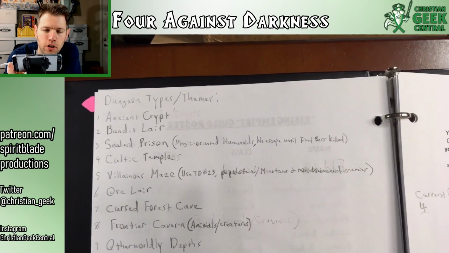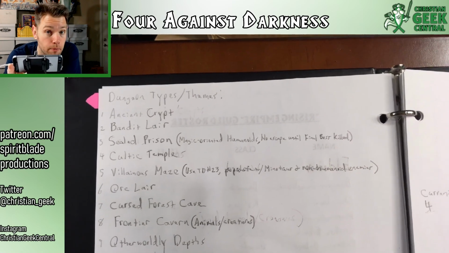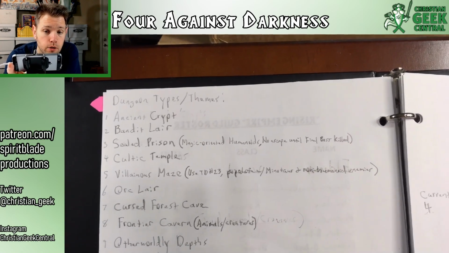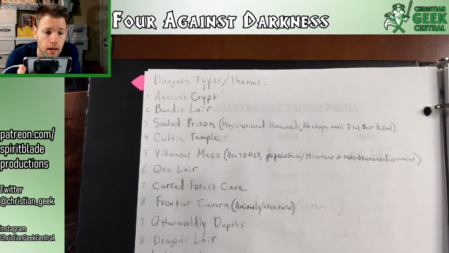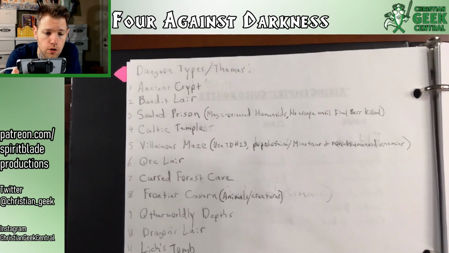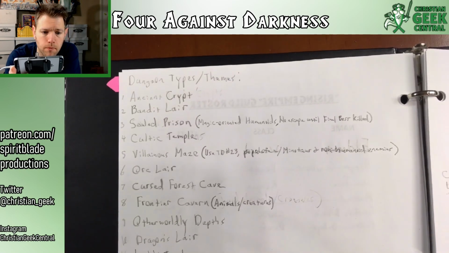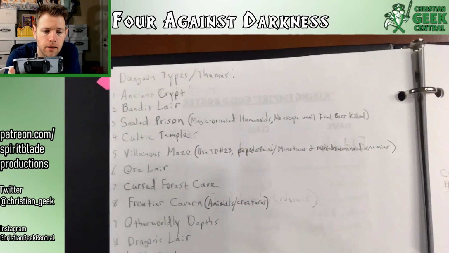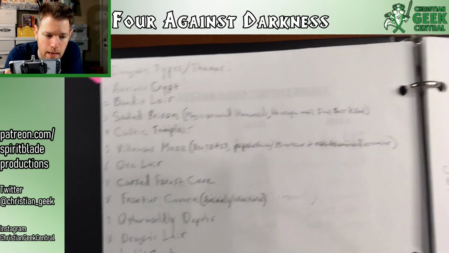You know, it's a magically or ritually sealed prison of some kind, and you yourself become a part of it until you kill the final boss. Then the seal's broken and you can get out. Cultic temple, villainous maze, with a note that says use Twisted Dungeons number 23. That's a supplement and a kind of a rule scenario for that. Populate with Minotaur and non-humanoid enemies. Okay.